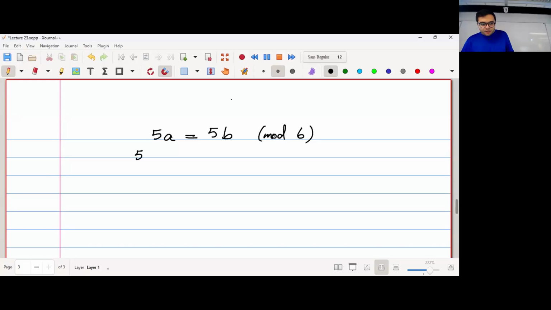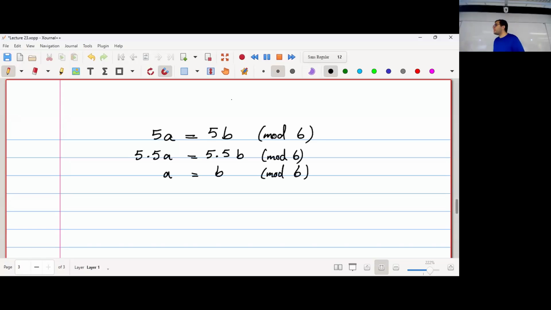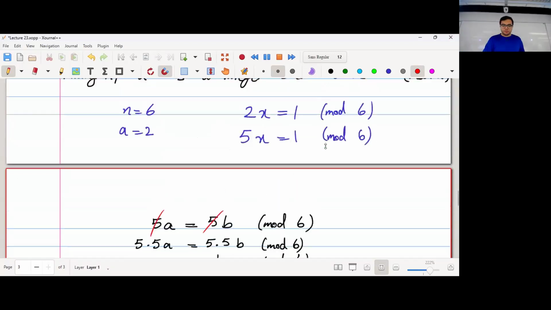So I'm going to have 5 times 5a is equal to 5 times 5b modulo 6. But then 5 times 5 is 1 modulo 6. So instead of this 5 times 5, I can just write 1. So A is equal to B modulo 6. So you see, sometimes I can cancel. In this case, because 5 has an inverse, I can cancel 5 from the two sides. Okay, so I could not cancel 2, but I can cancel 5.